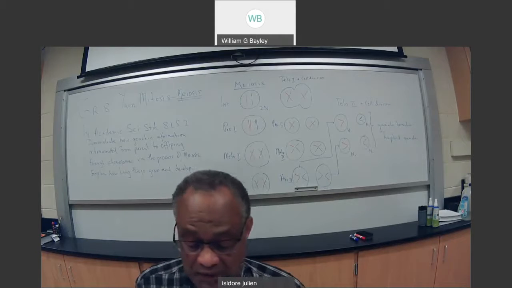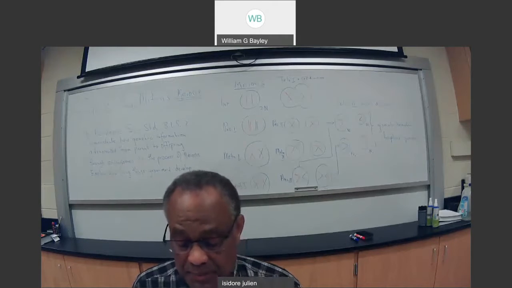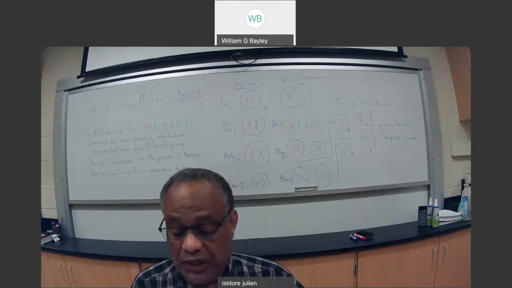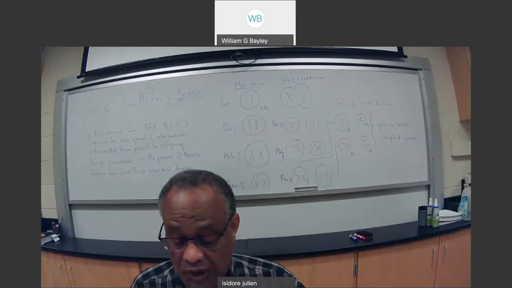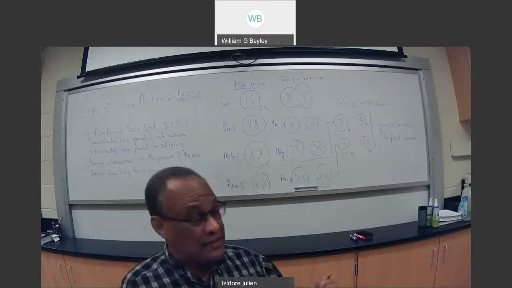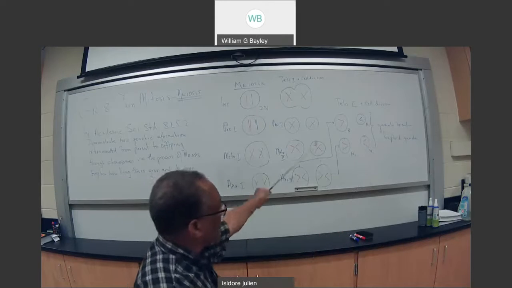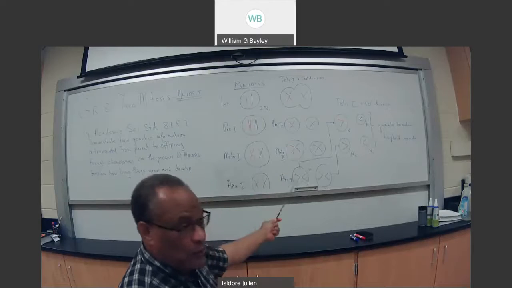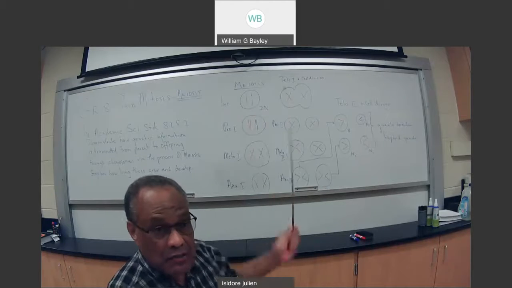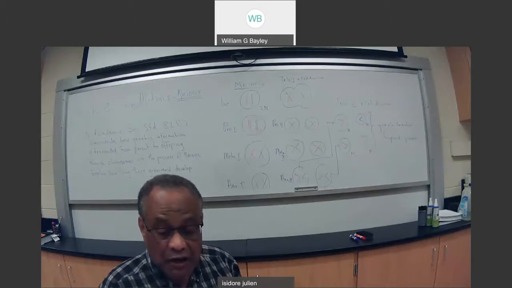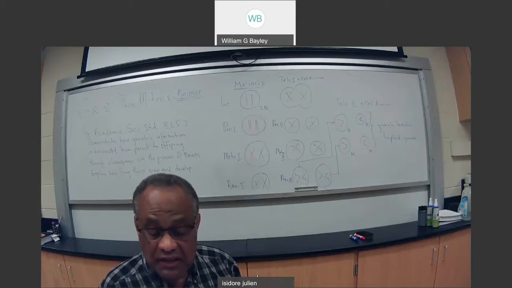Let me ask a question. How deep, when you do this with the 8th grade students, do you go into some of the complexities? I just showed how you get some crossing over here, but that's another way to increase the variation of the genetic information in the cells.